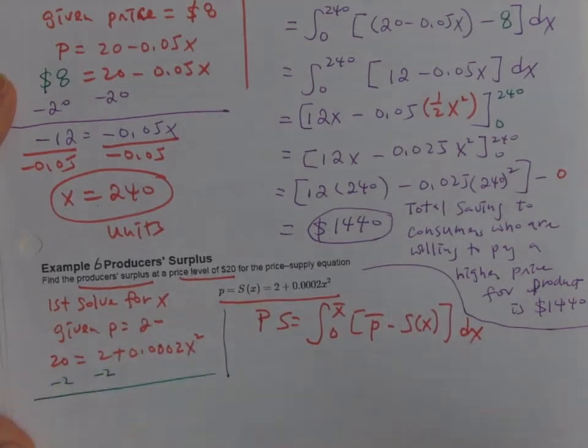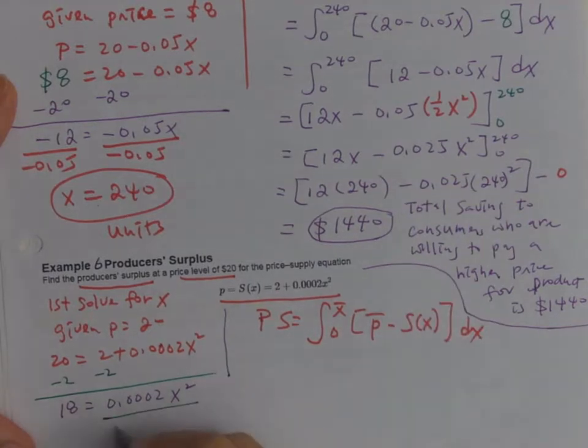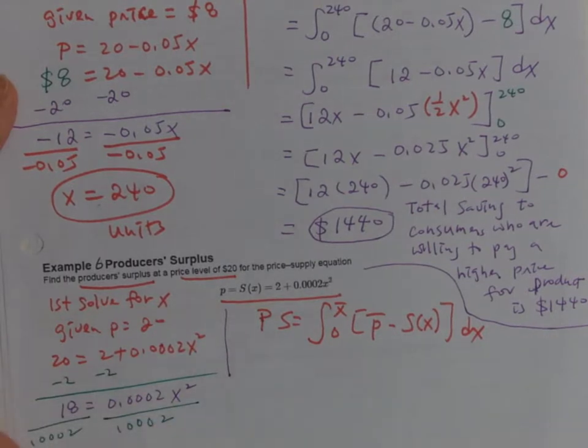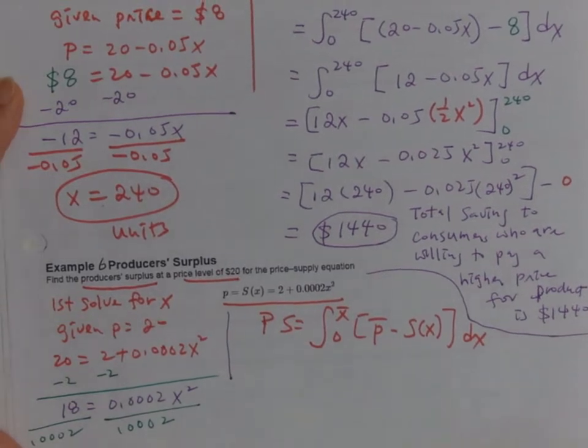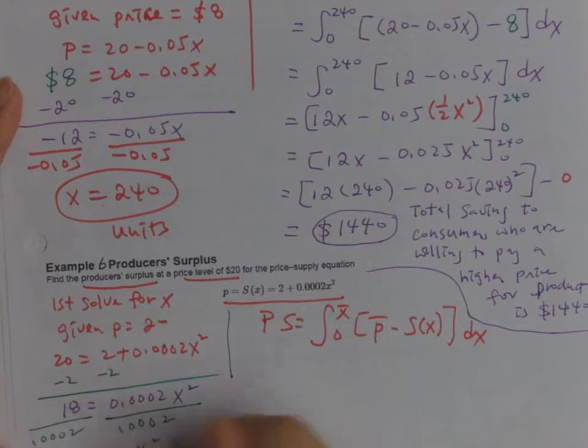We got 18 equal to 0.0002 x squared. Divide both sides by 0.0002. So 18 divided by 0.0002 is 90,000, right? Okay, 90,000 equal to x squared.